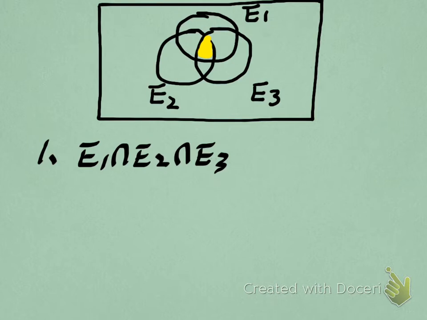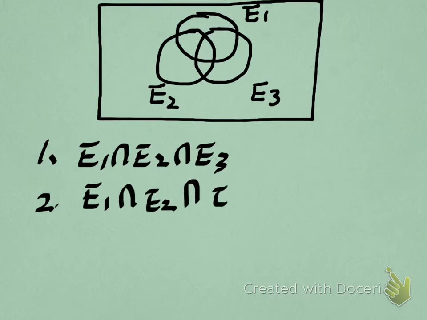Then if we look at the second one, what is the area for E1 intersection E2, but now intersection the complement of E3? Here we use C to denote the complement of E3. What does this mean?